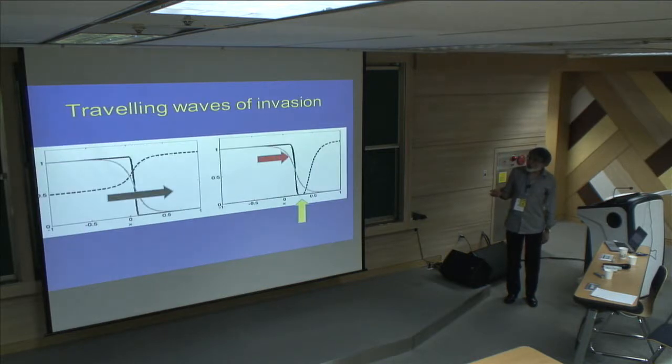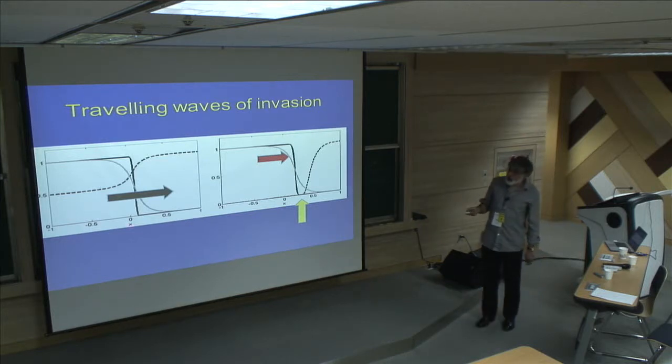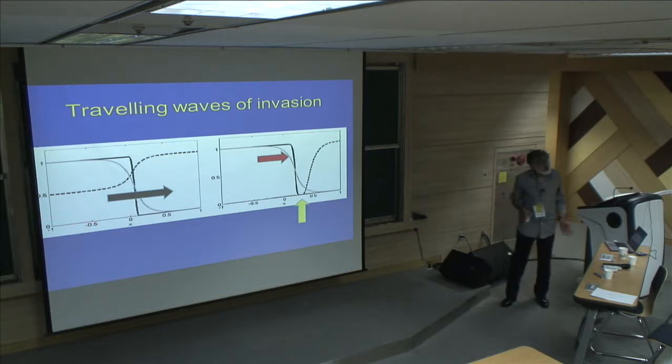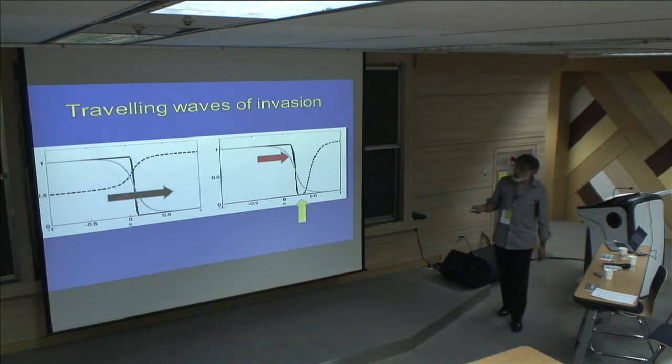And then what they found was that there were 2 behaviors to this system. Here everything's been rescaled to lie between 0 and 1. The idea is that you introduce some tumor cells into an initial population which is all normal cells, and you look at what happens to them. And you get traveling waves, and you get 2 types of traveling waves. You get this type here.